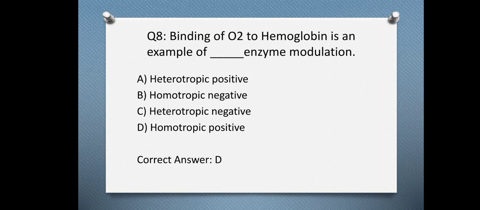The question is binding of oxygen to hemoglobin. We have just seen that oxygen itself acts as a modulator and it is a substrate also. So it increases the affinity of the second oxygen molecule to heme. This type of modulation is known as homotropic positive modulation. So option D is the correct answer.